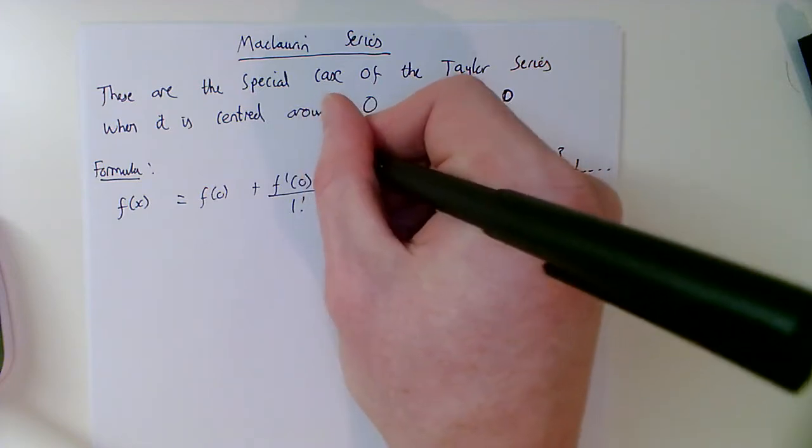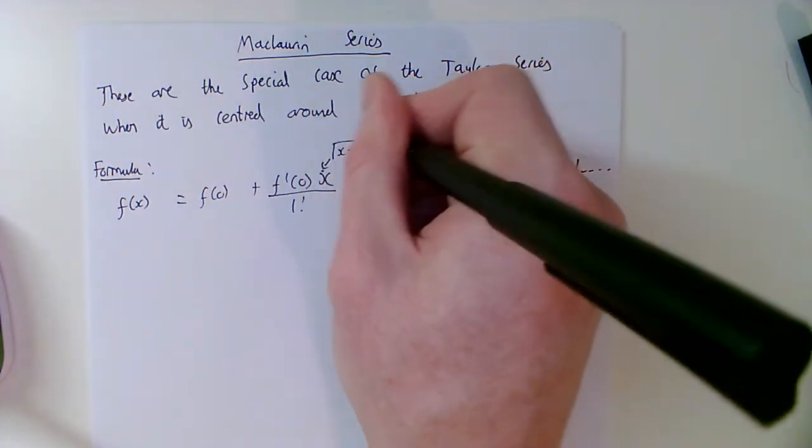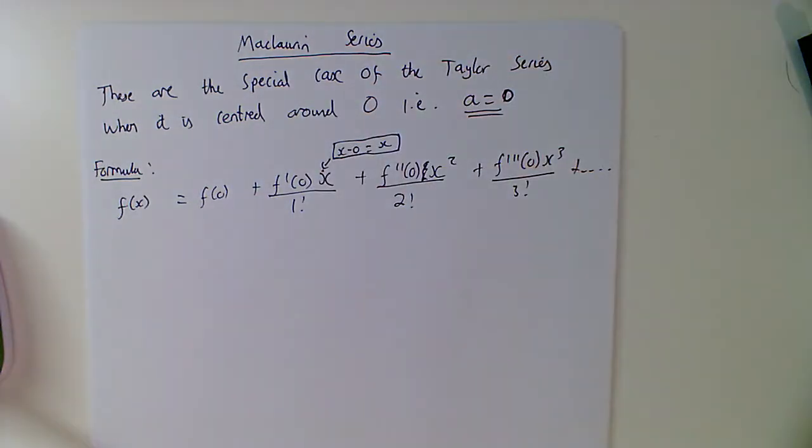Remember, that's because x take away 0 is just x. So all it is is the Taylor series formula, but put in 0 where we put in a from before.